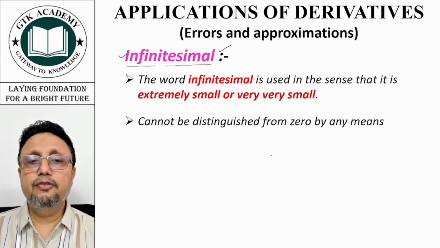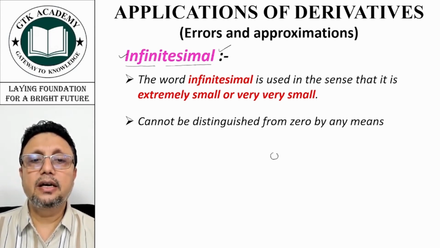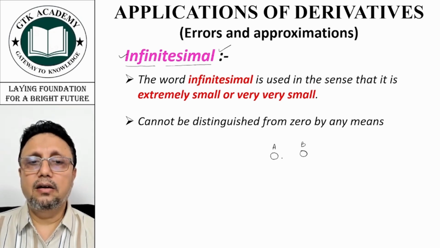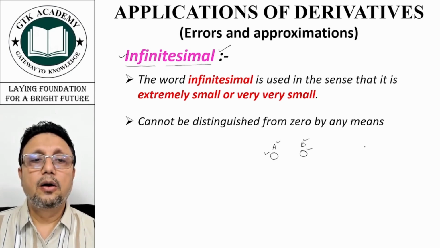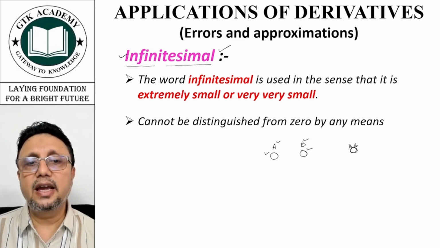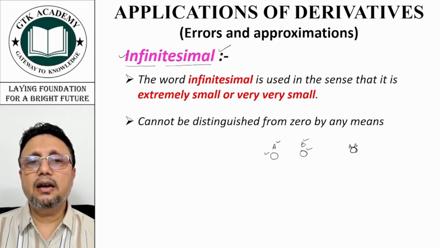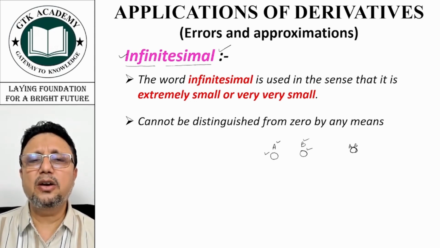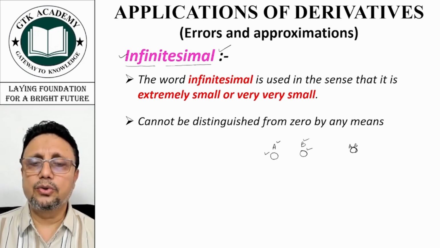See, if you have two objects, say this is A and B, since they are easily distinguishable, you can easily make out that this one is A and this one is B. But if they nearly overlap like this, here is A and here is B, it is very difficult to distinguish which is A and which is B. That means A and B are very close, extremely close.